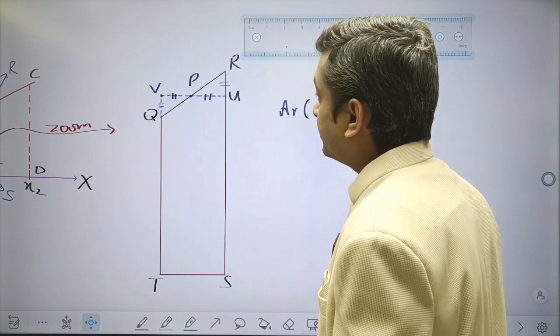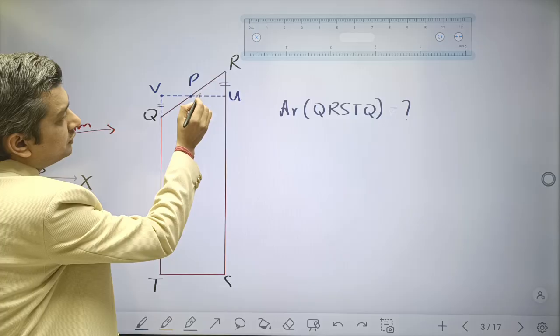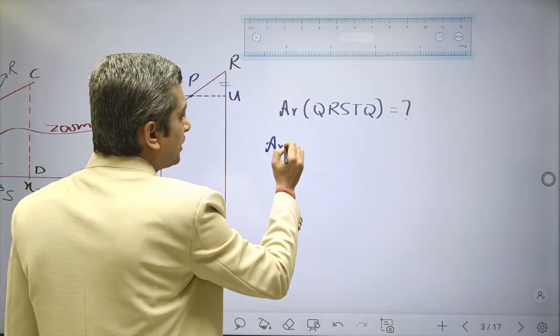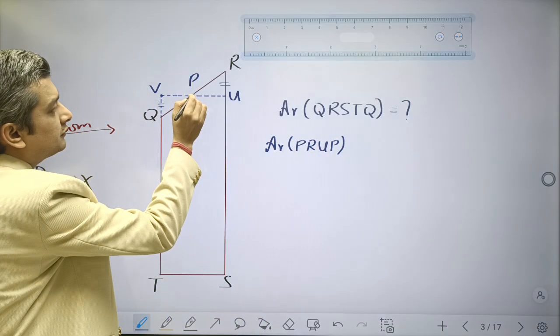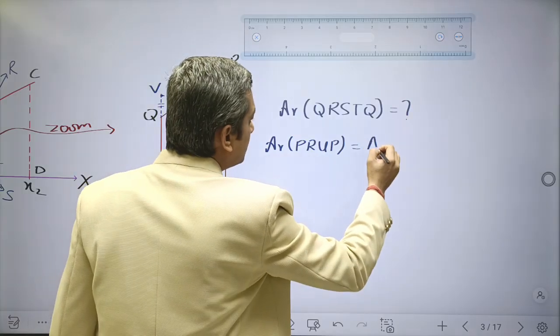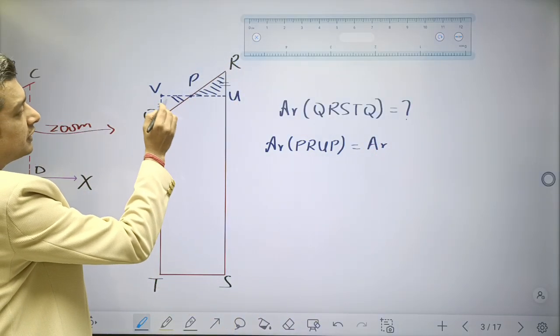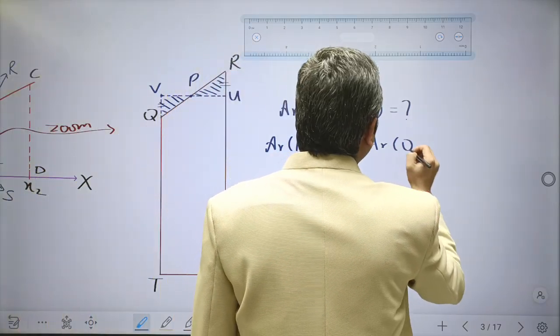So what we get, observe carefully, the area PRUP, that is this area, will be equal to area QVPQ, that is this area, because of symmetry.